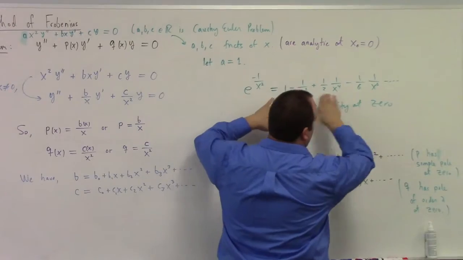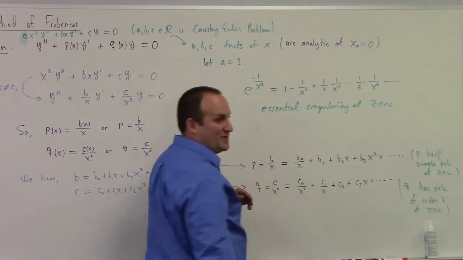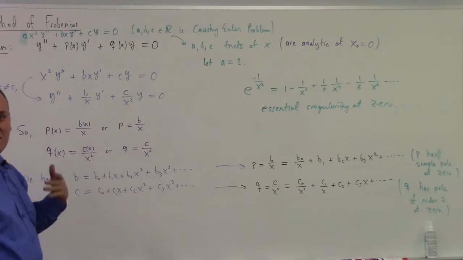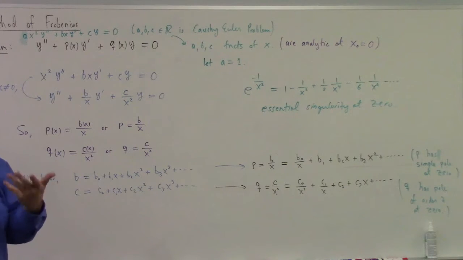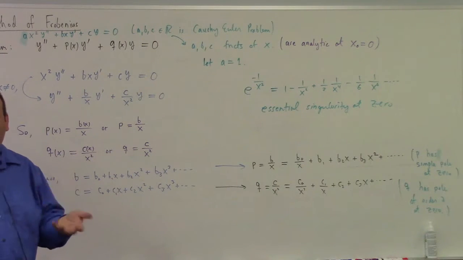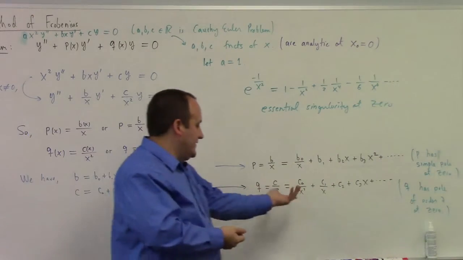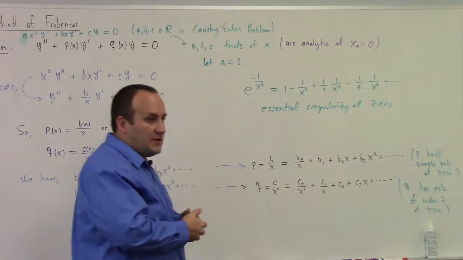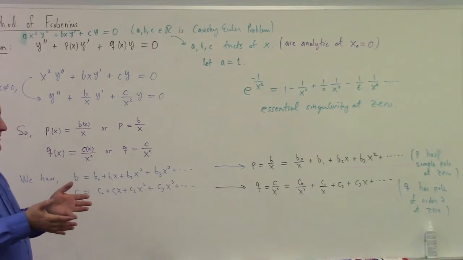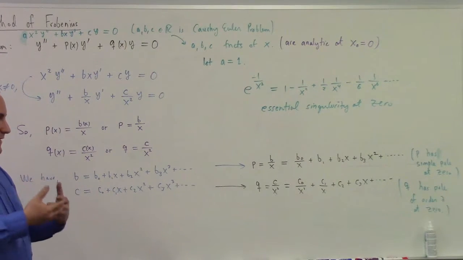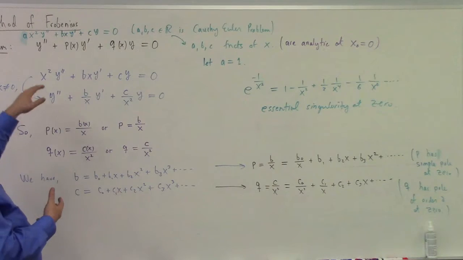This is a Laurent series with arbitrarily high negative powers, powers in the denominator, reciprocal powers of x without end. That is an essential singularity. This, on the other hand, just has 2. It just has 1.